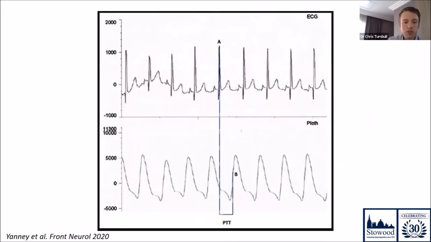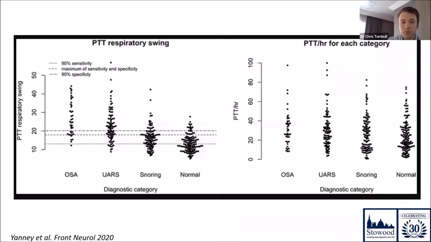And this is a slide really showing the point that I was making, that the pulse transit time is the time from the ECG to the pulse wave, from the R wave to the midpoint of the pulse waveform. And this is a study from how this is used in pediatric populations, where obviously doing less detailed sleep studies is pragmatically quite appealing.